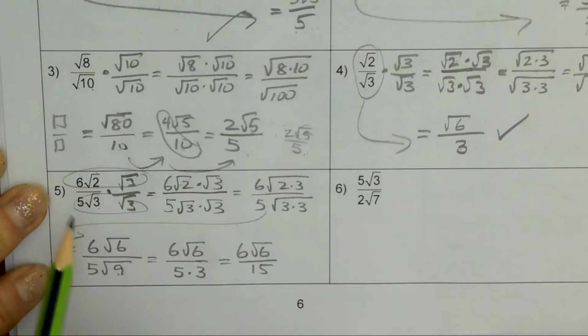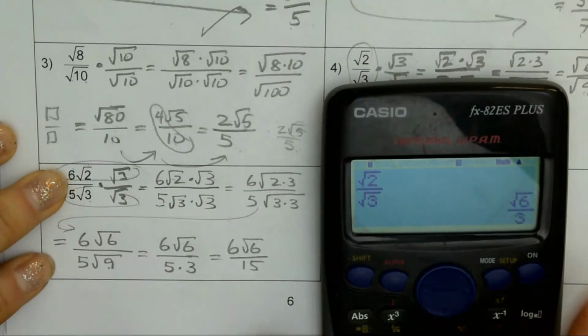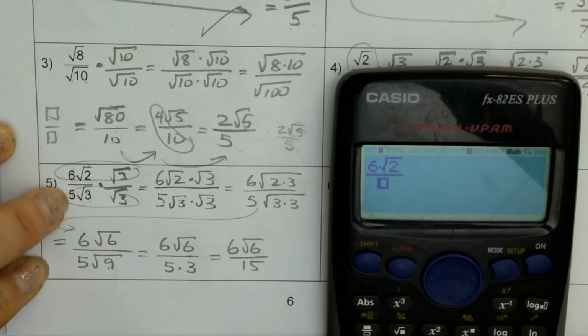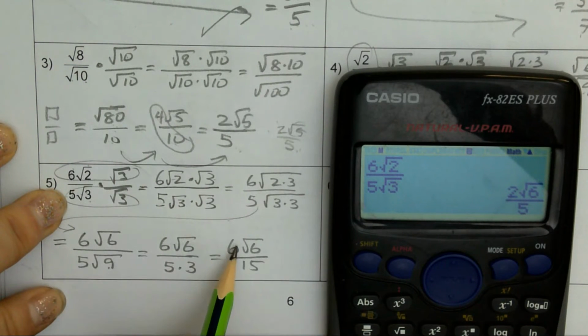So now let's check to see if we're correct or finished. So we have 6 root 2 over 5 root 3. No. Oh, we forgot. Remember? Look, this is a fraction.